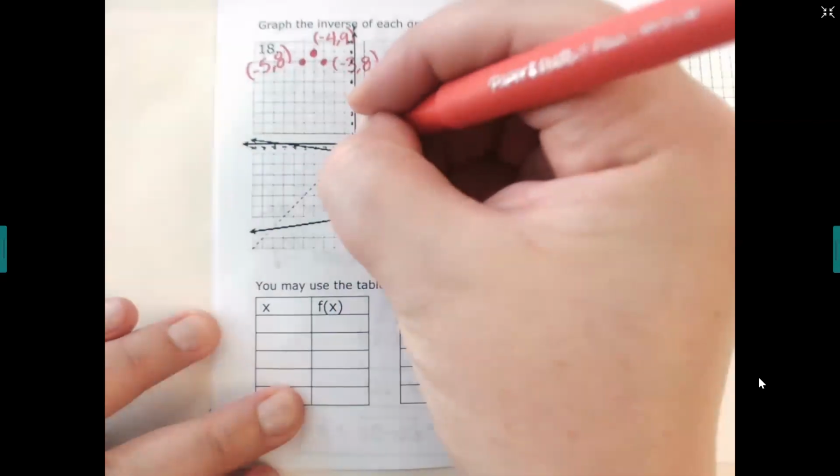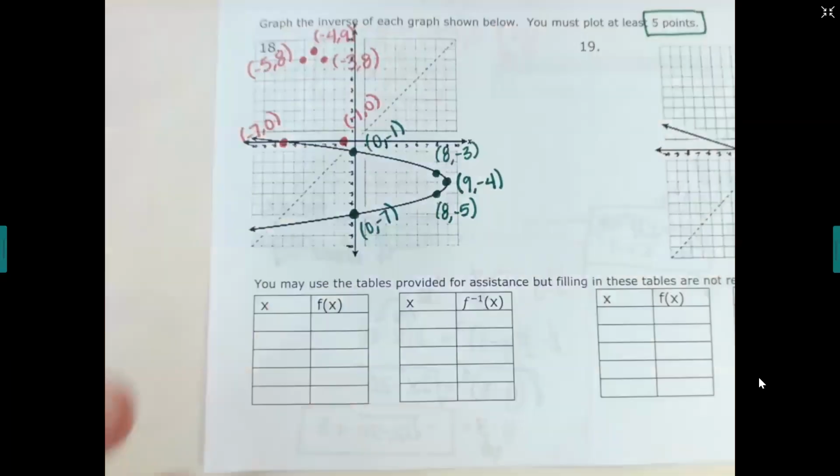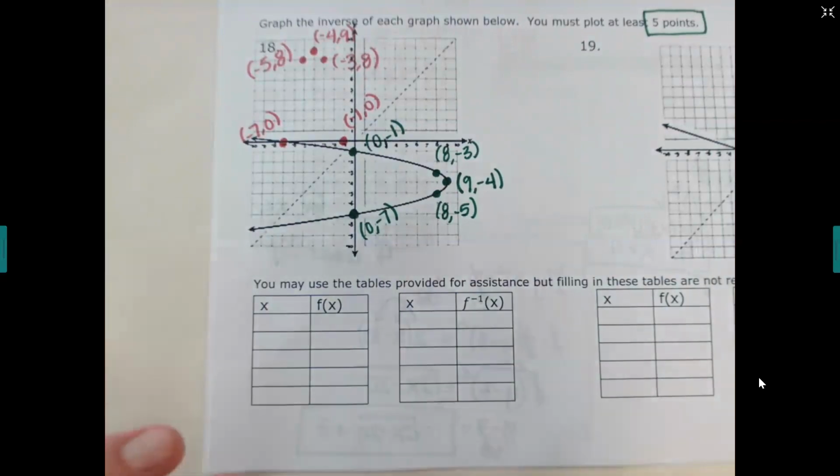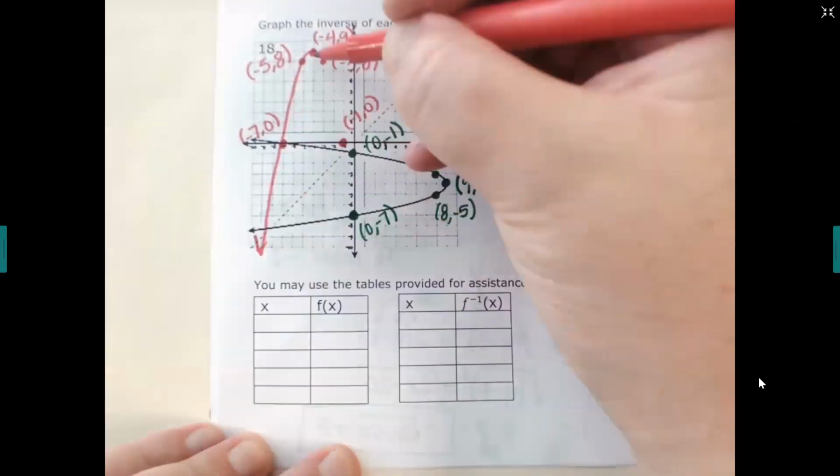So that'd be here. And here. And then just kind of connect those dots. Like that.